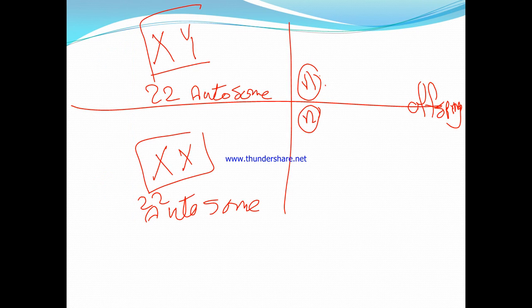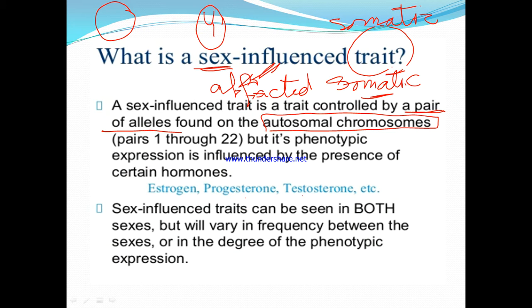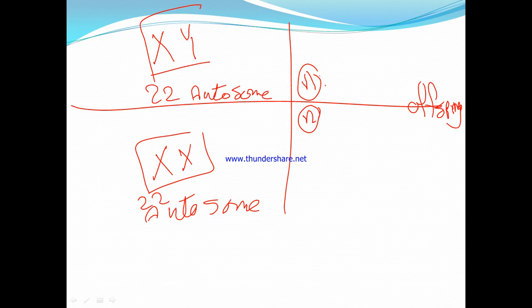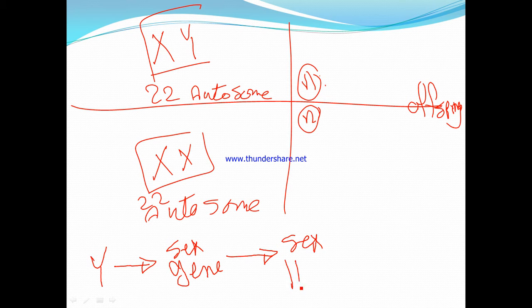Okay, this type of trait, sex influenced trait, is affected by the genes that are present in the Y chromosome. How? The Y carries sex genes. These genes give or produce a sex hormone.